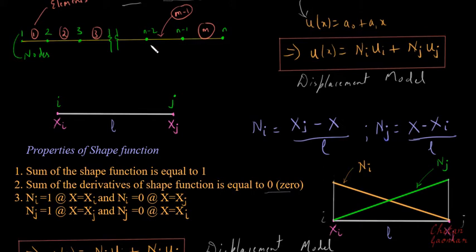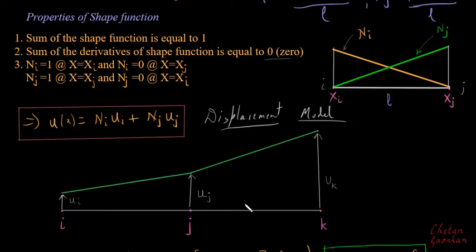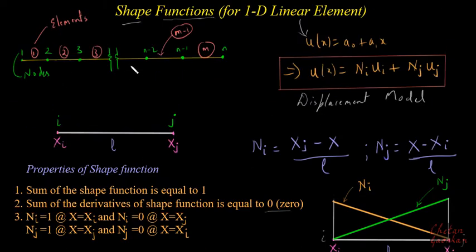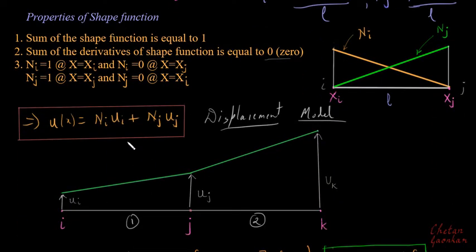So if I consider just two consecutive elements, let us say element 1 and 2, or any two consecutive elements, and if I try to plot this displacement model over these elements, we'll be able to observe this kind of trend wherein we see that the variation is linear in the element.